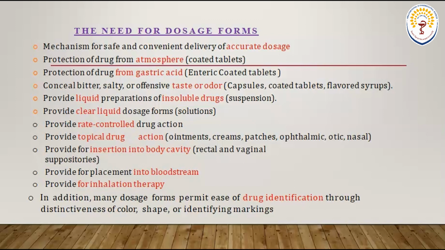Next is protection of drug from gastric acid. In other words, we protect the medicament from release in gastric fluid where the effect is desired in the intestine. So we give enteric coating to the tablet. This coating is not dissolved in the pH of the gastric mucosa.